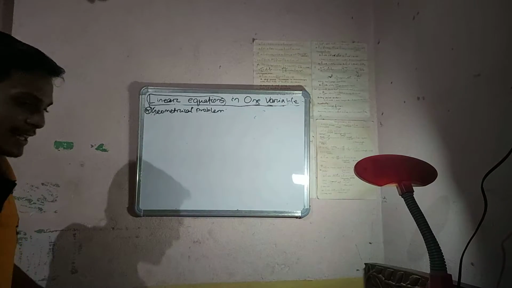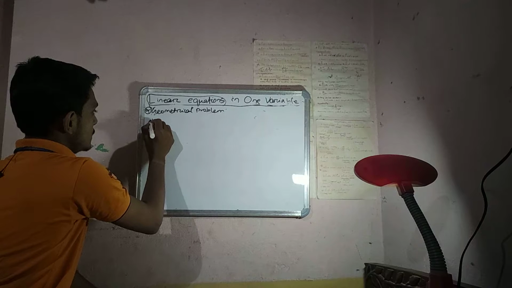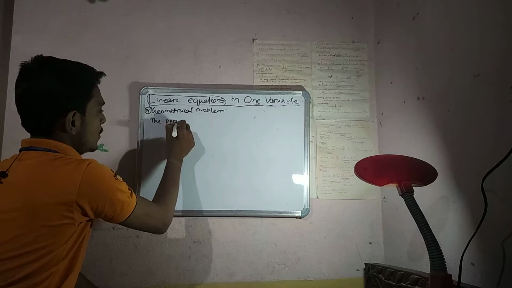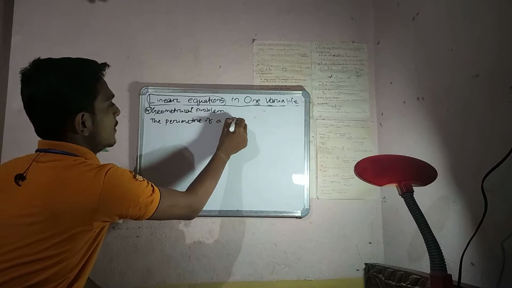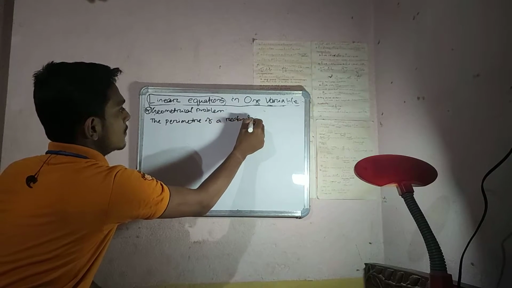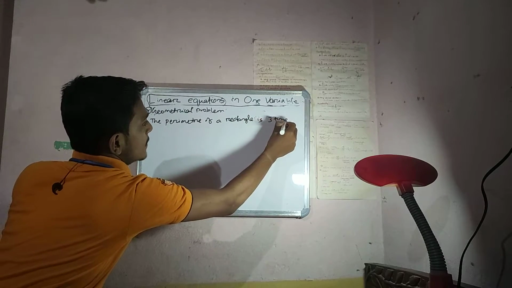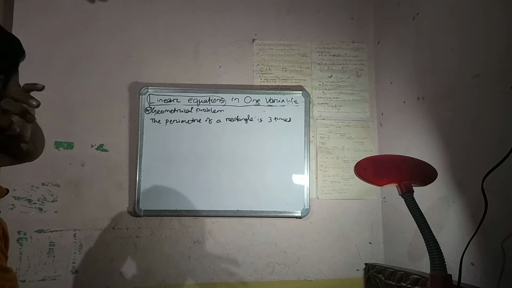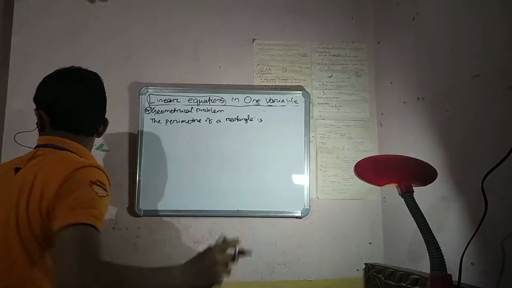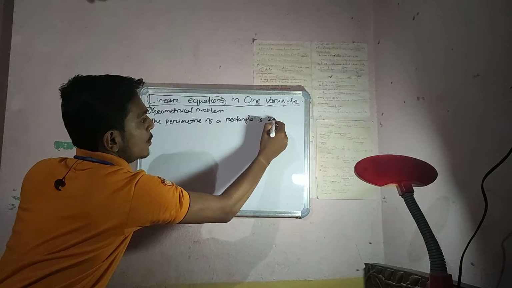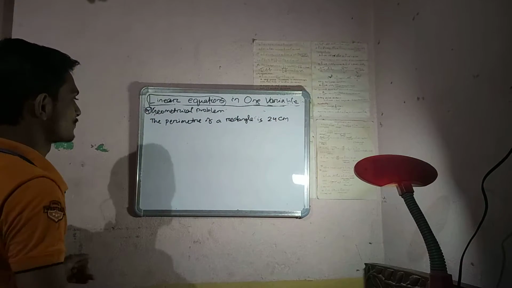Let us consider an example. The perimeter of a rectangle is 24 centimeter. Okay.